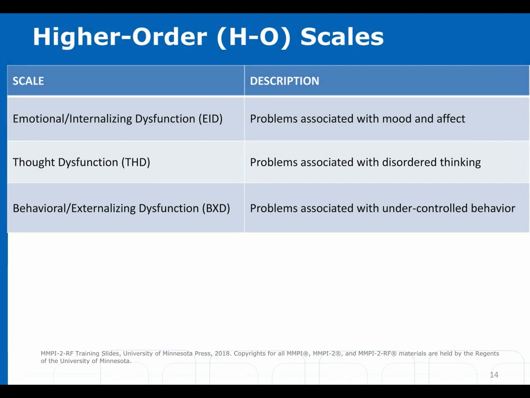Next, we have the three higher order scales, which are emotional internalizing dysfunction, thought dysfunction, and behavioral externalizing dysfunction. These are three fairly broad measures of psychological problems. And they relate well to current issues in the assessment of psychopathology.